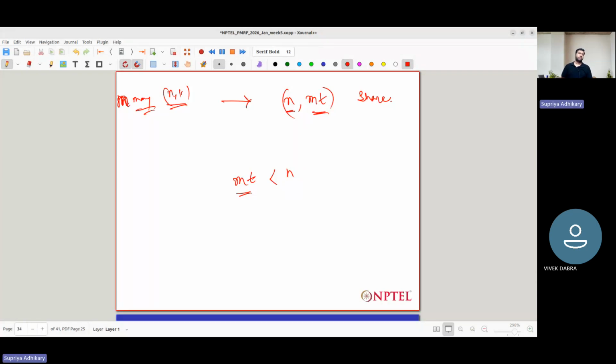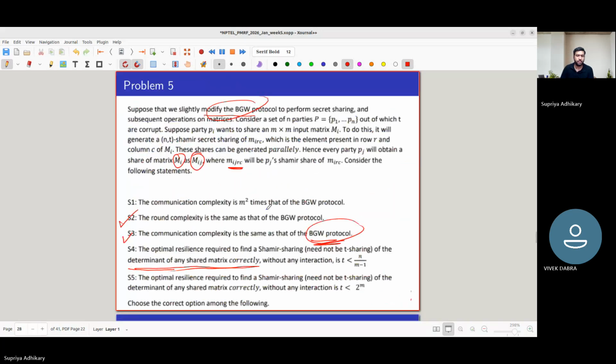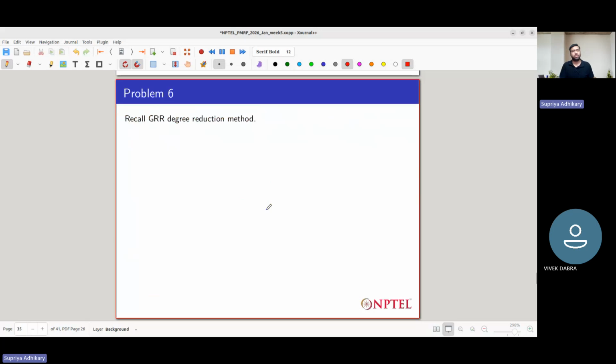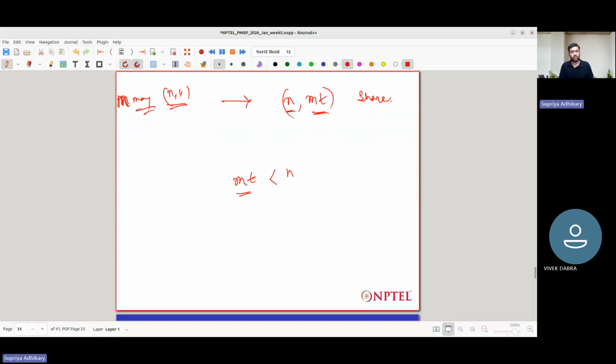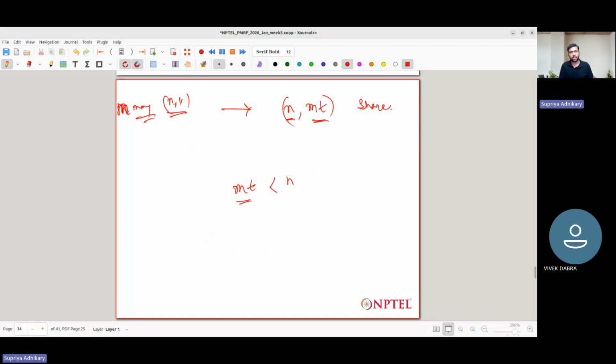But the problem is that we cannot use any kind of interaction. That means if we just do this multiplication individually, that will give us n shares of degree MT, and we can reconstruct the secret from this share only when this is true.